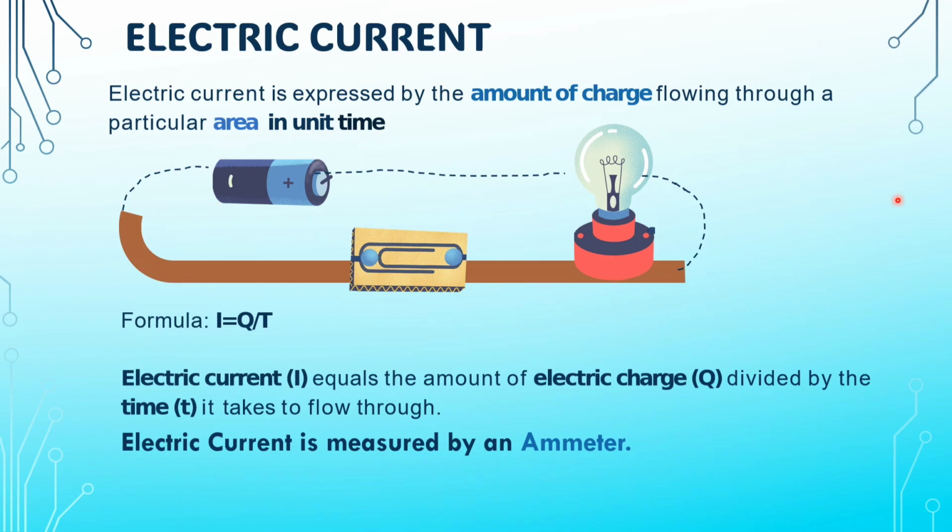It is denoted by the letter I. So I is equal to Q by T. Here Q is the electric charge that flows in a particular time, and T is time. So it is equal to the amount of electric charge divided by the time taken to flow. This electric current is measured by an instrument called an ammeter.